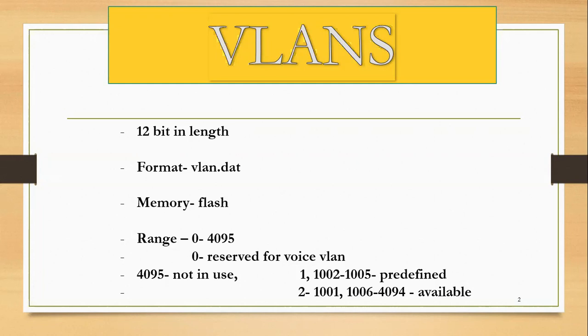From which 0 is reserved for voice VLAN, 4095 is not in use, 1 and 1002 to 1005 is predefined, and 2 to 1001 and 1006 to 4094 are the available VLAN IDs. The 2 to 1001 range is the normal range and 1006 to 4094 is the extended range.